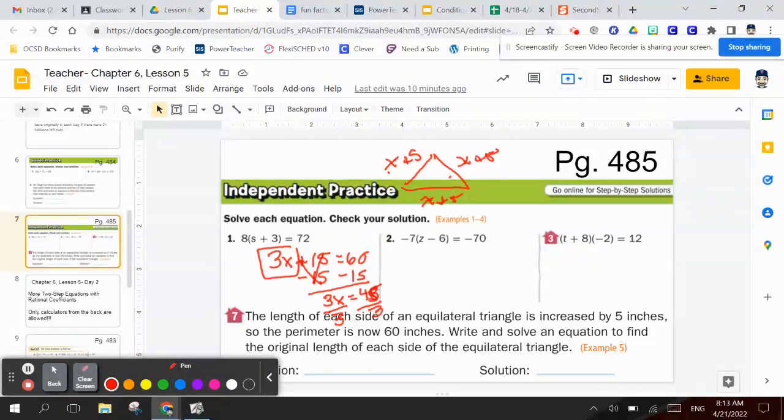That's the number connected to the variable. 3x divided by 3, I'm left with x. 45 divided by 3 is 15, and that would be inches. So my equation would look like 3x plus 15 equals 60. And x is going to equal 15 inches.